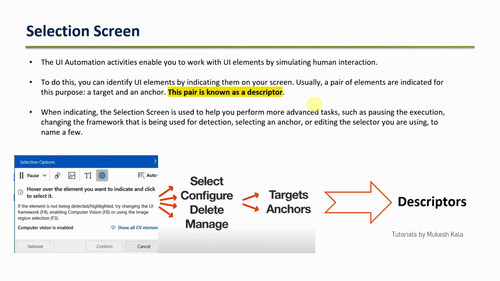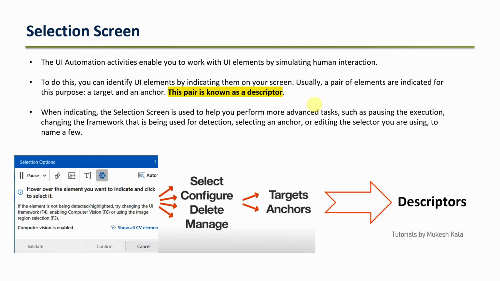However, when you talk about the modern design, we have a concept called a descriptor. Previously it was a selector, but now it is called a descriptor. The first thing you need to remember is that the combination of target and anchor is called a descriptor.